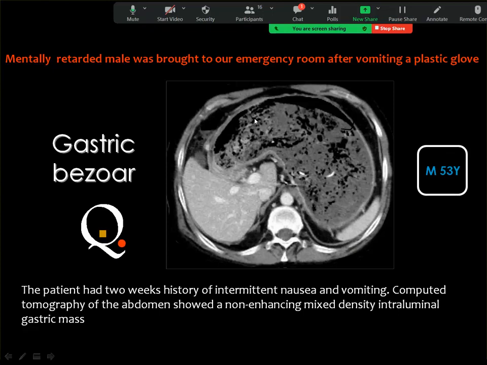The stomach is markedly distended by trapped air and speckled between the other contents. The diagnosis is gastric bezoar. Gastric bezoar is different from gossypiboma.